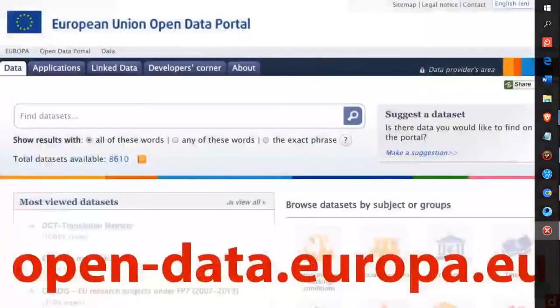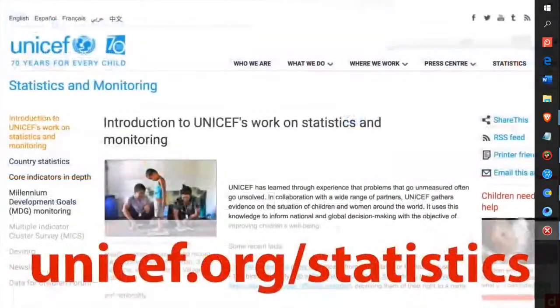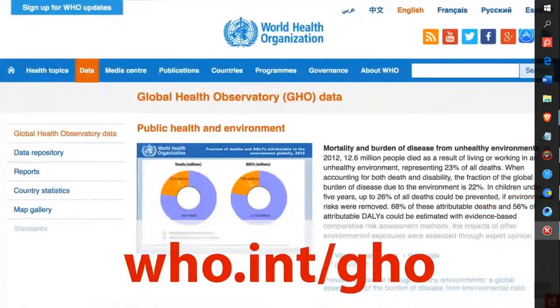If you're in Europe, you have open-data.europa.eu, the European Union Open Data Portal. And then there are major nonprofit organizations. So the UN has unicef.org/statistics for their statistical and monitoring data. The World Health Organization has the Global Health Observatory at who.int/GHO.